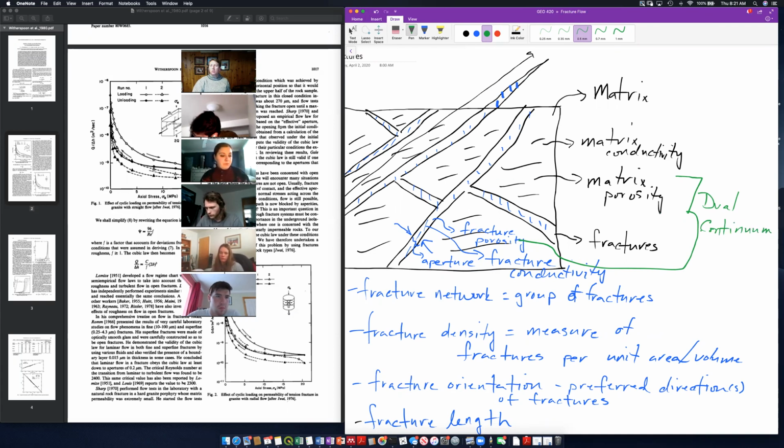When people are discussing fractured systems, they'll talk about a dual continuum. There's two ways we talk about it. One is called a dual porosity.